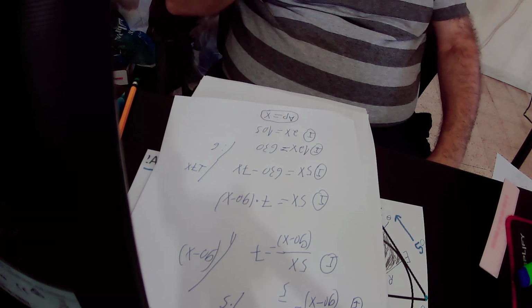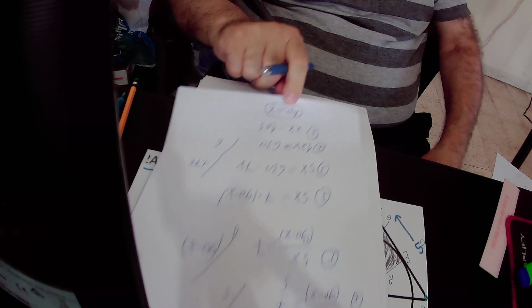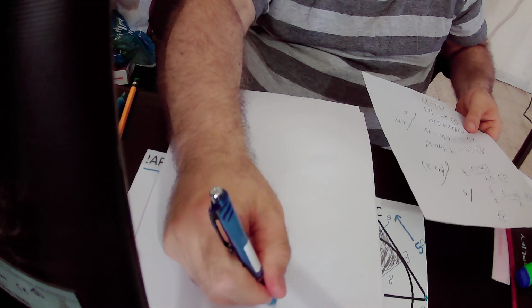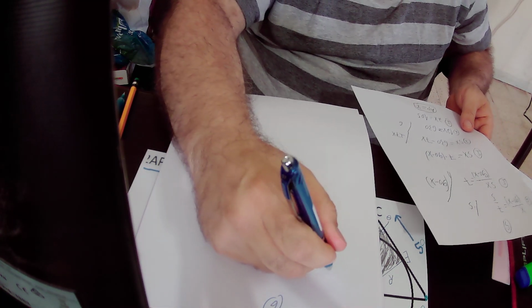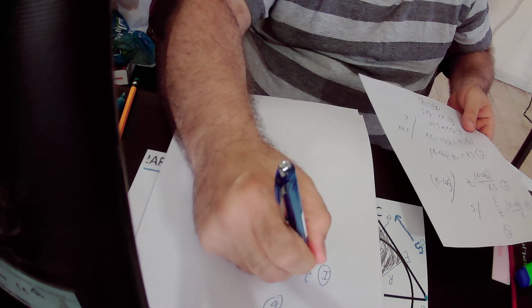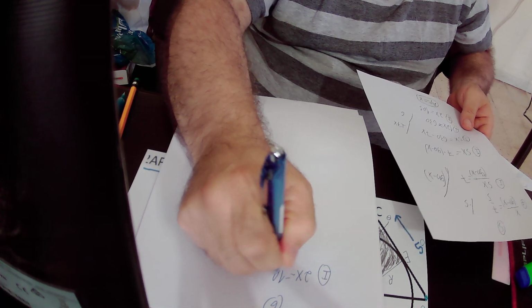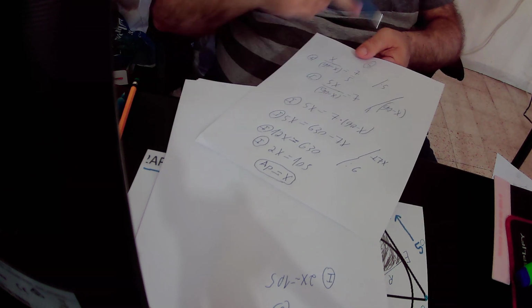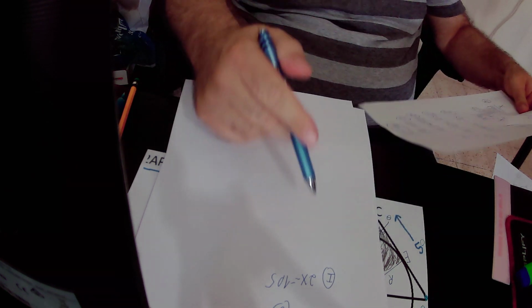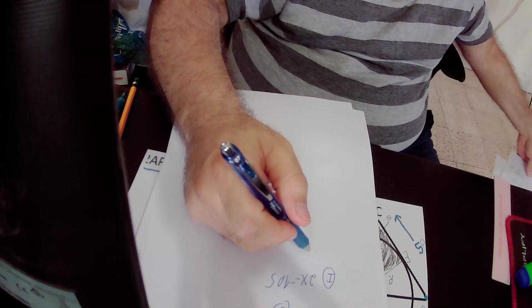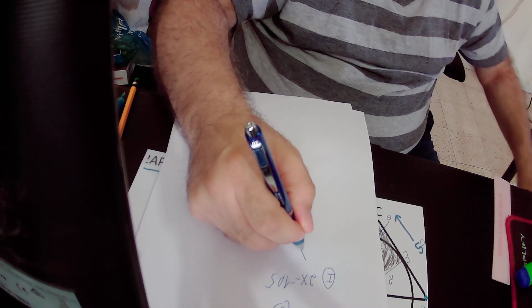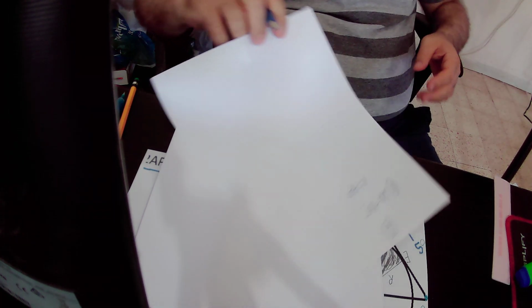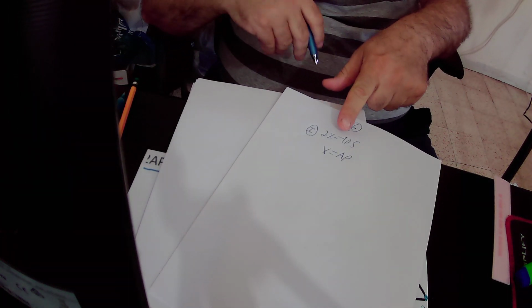So we can write here that 2x equals 105, and according to our definition, x equals AP.